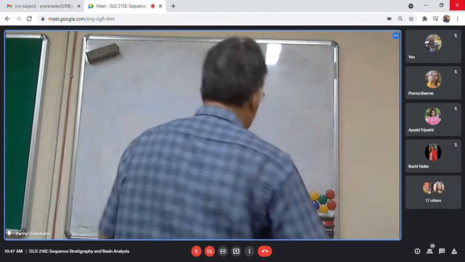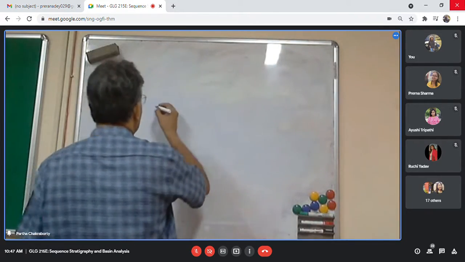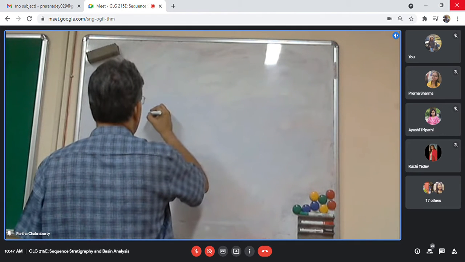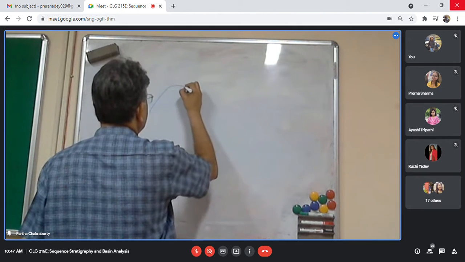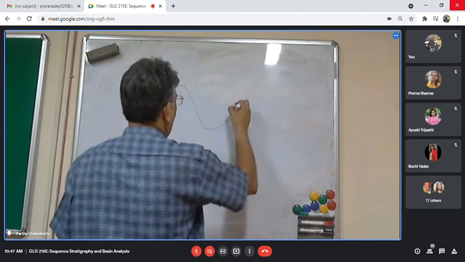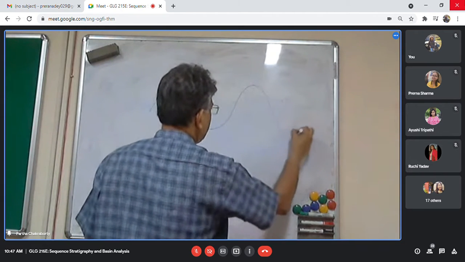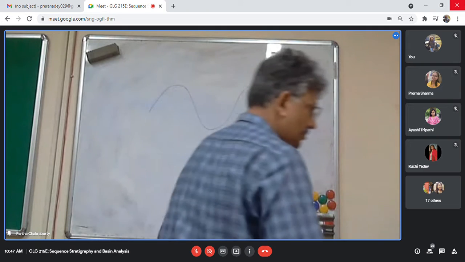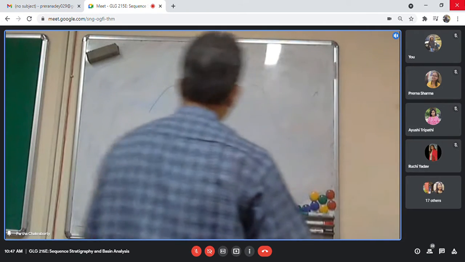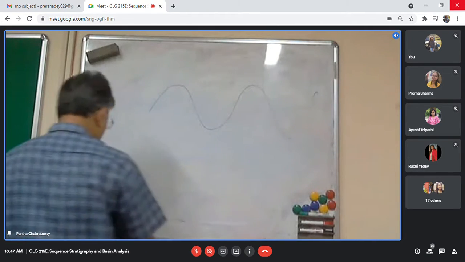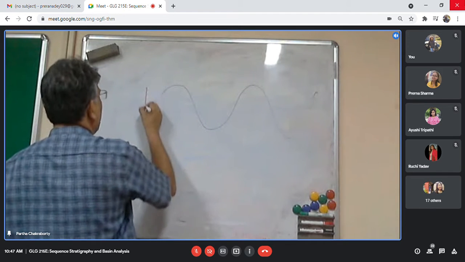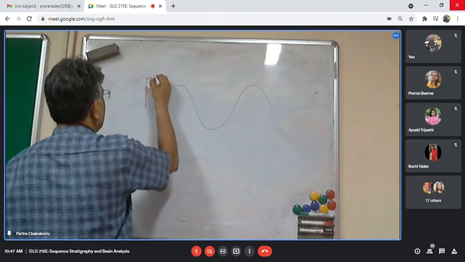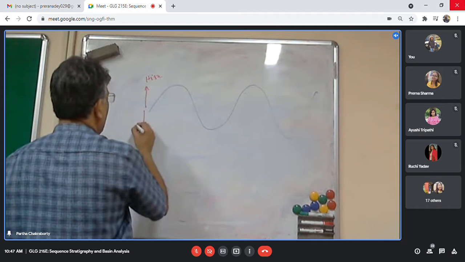So now, if I have a base level curve, this is a sinusoidal base level curve, and this base level curve is high and low.